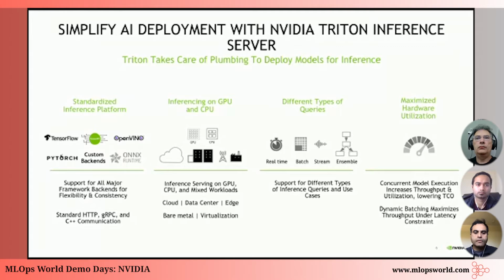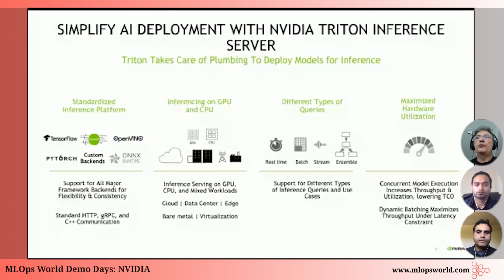We've also designed it to be able to allow you to launch models in different deployment environments, whether that's in the cloud, in the data center, at the edge, and in embedded devices, and on bare metal and also virtualized environments. And so the idea is you can have a single standardized inference API that allows you to deploy models from multiple different frameworks on GPU and CPU and in different deployment environments.